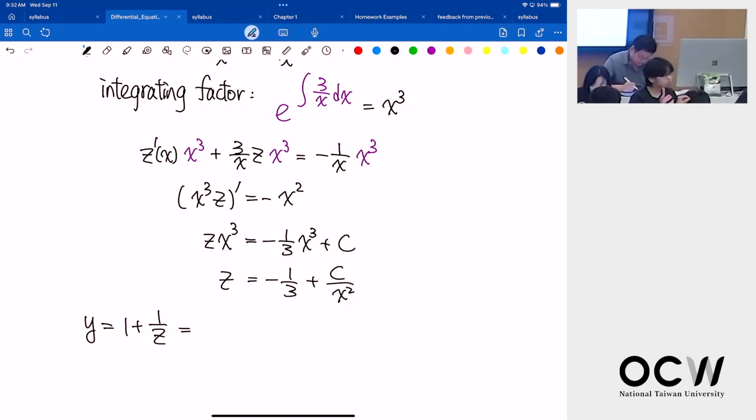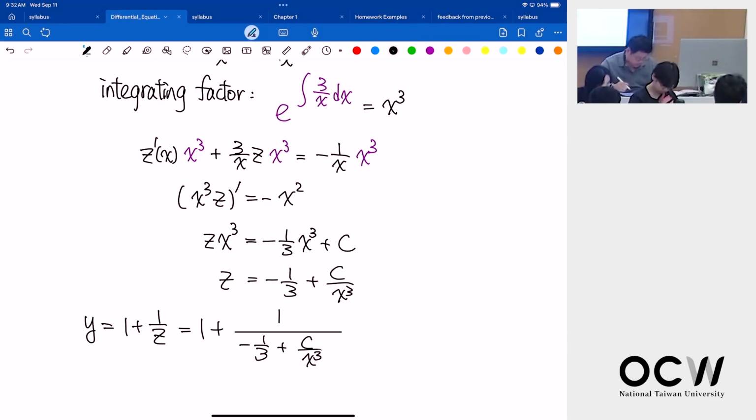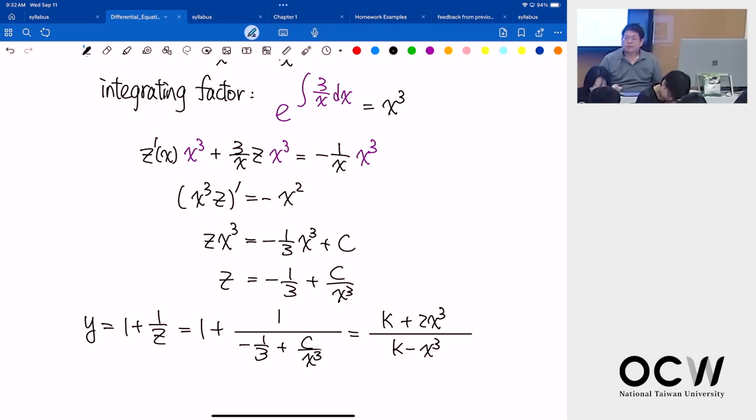So your final general solution is, well, let's rewrite that. It could be k. Any questions about this?